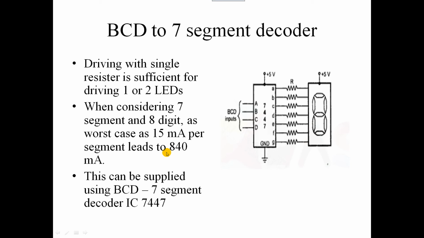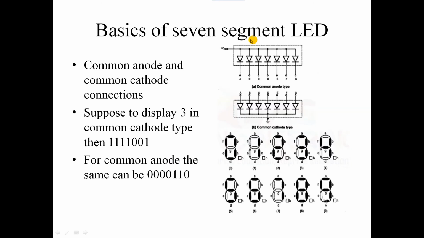Driving a single LED with a resistor in this arrangement of the 7-segment LEDs is enough, because by giving the 5 volt input and subtracting the drop of the LED as 1.5 volt, the rest of the voltage will be sufficient for making the current flow inside the LED.